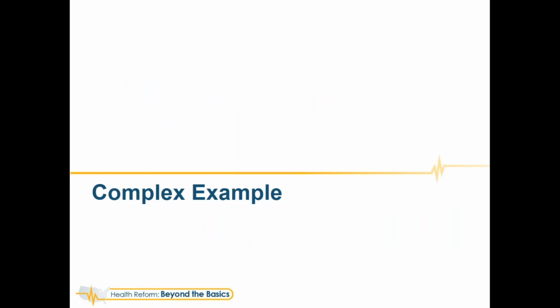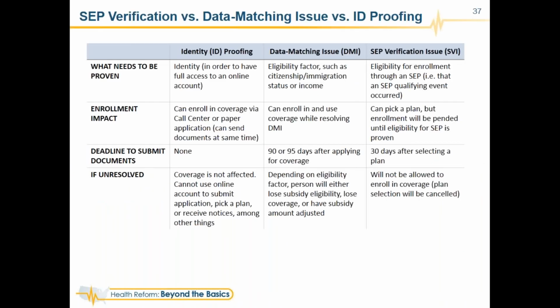So just in case this was not difficult enough, we also want to cover a complex example. SVI could be confusing without any other documentation requirements, but we know that that will not be the case for some consumers.